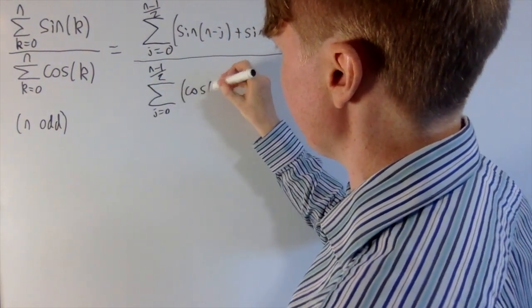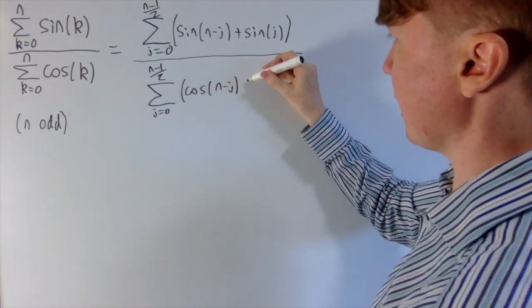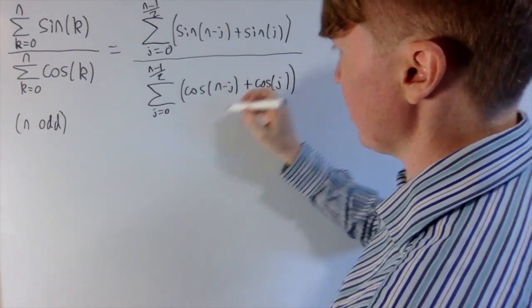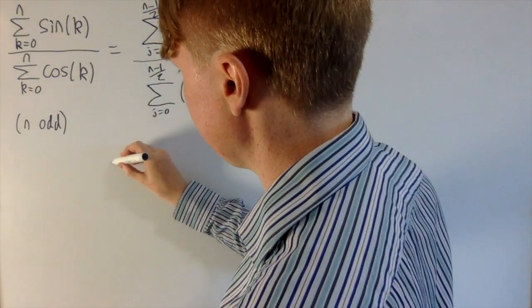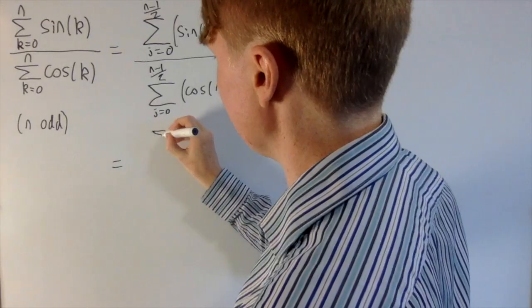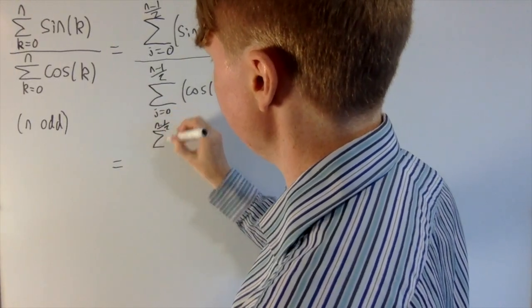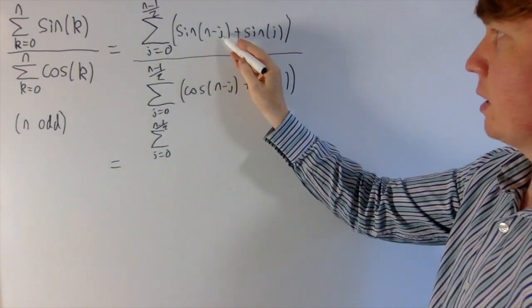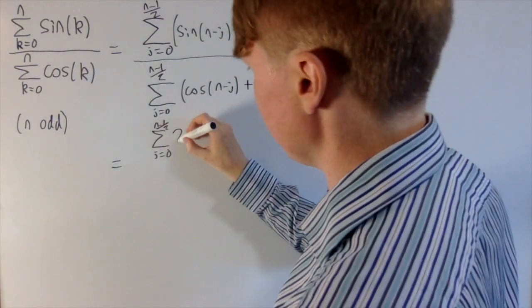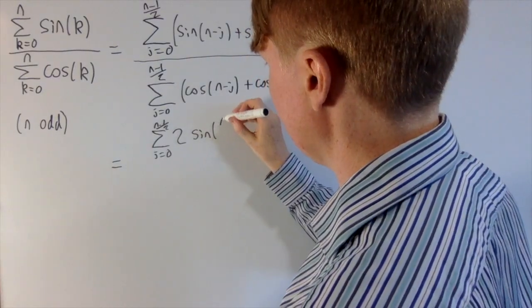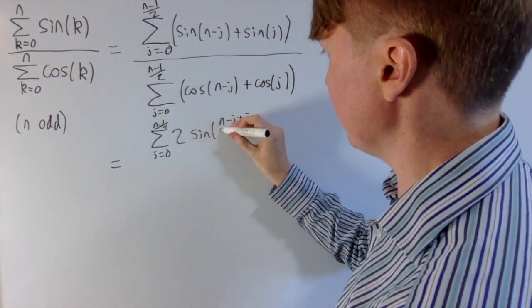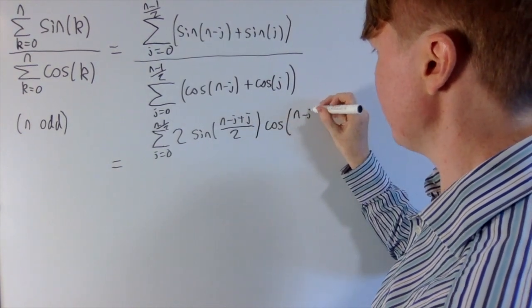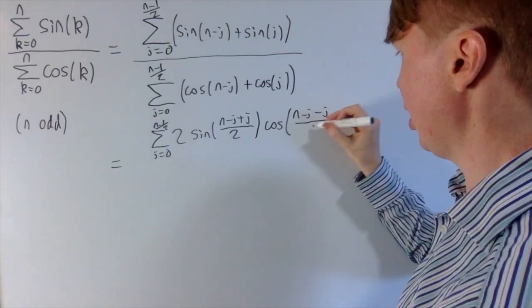Then we're going to use the sum to product formula here, just with the general n's and j's. So now we apply the sum to product formula, and what we'll find is this is equal to the same sum again. So here we've got n minus j plus j, so it'll be 2 sine of (n minus j plus j) over 2, multiplied by cos of (n minus j) over 2.